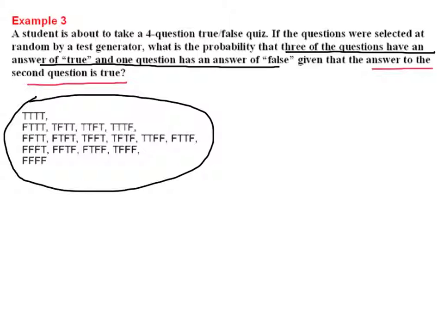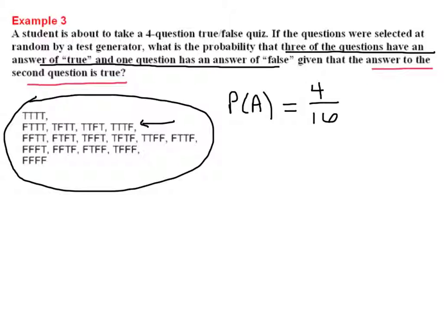I have those in this second row here. Those are all of those possibilities. So the probability of event A happening is going to be 4 out of the 16.